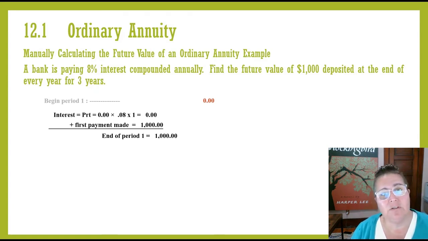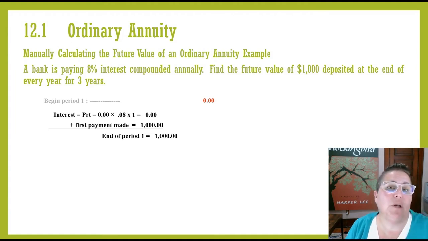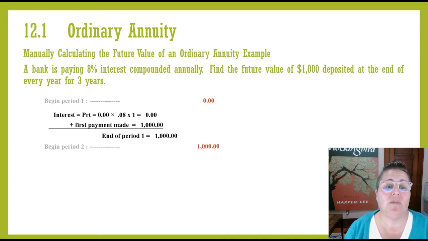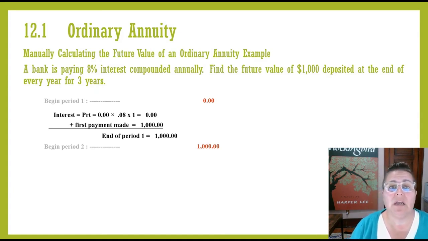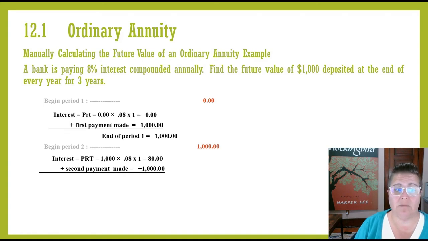And then on December 31st, the end of the first year, we make that payment of $1,000. So at the end of the first period, we've earned $0 in interest, but we've put $1,000 into the account, right? We then begin the second period with that $1,000. And since the interest is compounded annually, we wait an entire year, earning 8% interest on that $1,000. And that puts $80 into the account.